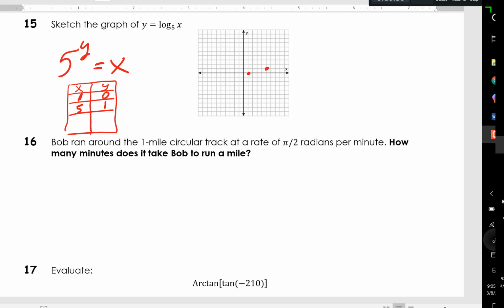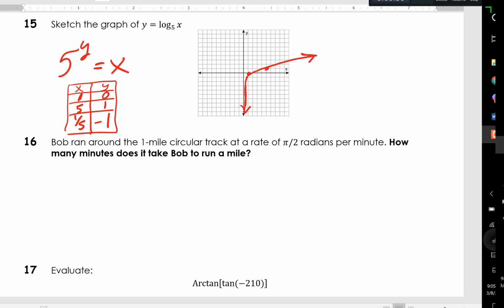And then you know that as y becomes more and more negative, if y is like negative 1, x is going to be 1/5. The more and more negative y gets, the closer and closer x will get to 0, even though it will never get there. So you're getting closer and closer to the y-axis as y gets tinier and tinier. And then over here, it's just going to be going that way, because as y gets bigger gradually, x gets bigger really quick.